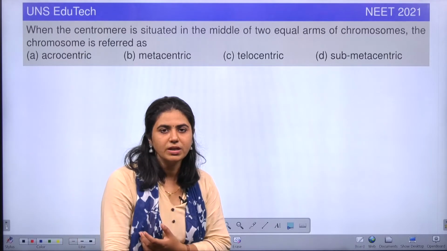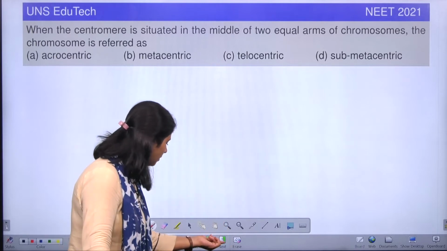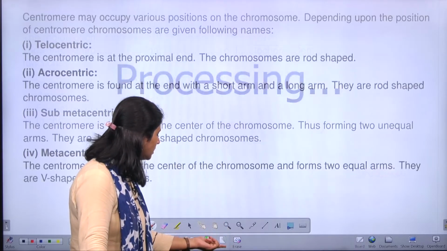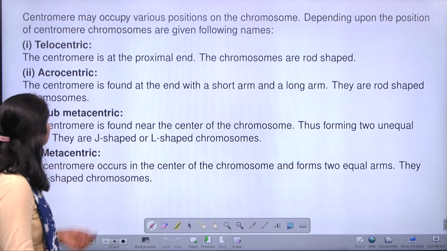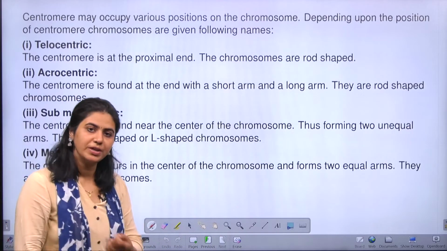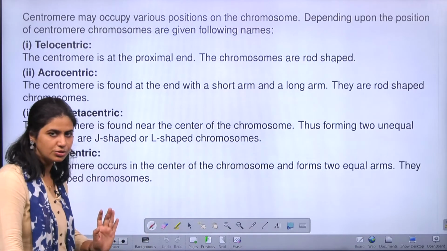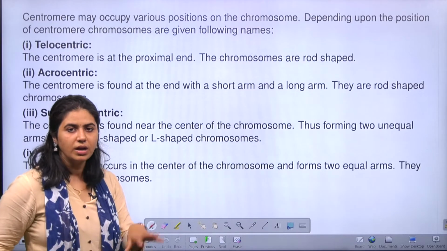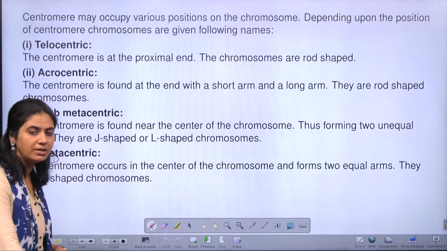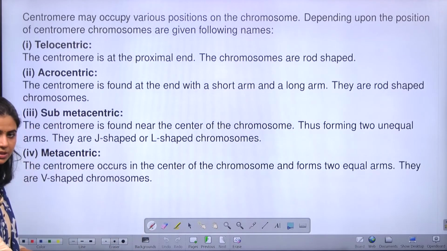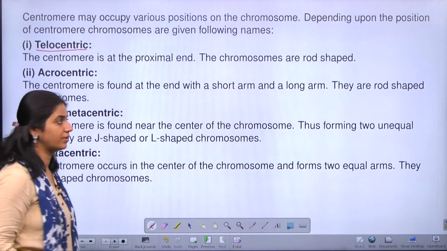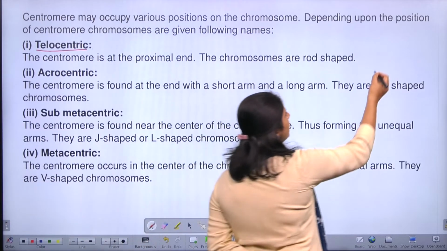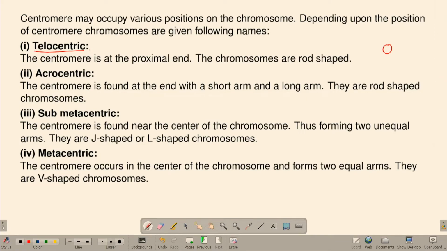Let's see the different forms of chromosomes with the alignment of the centromere. The centromere may occupy different positions in a chromosome. In the options we have telocentric, metacentric, and so on. So let's see what is telocentric. Telocentric is when the centromere is present at the tip of a chromosome.